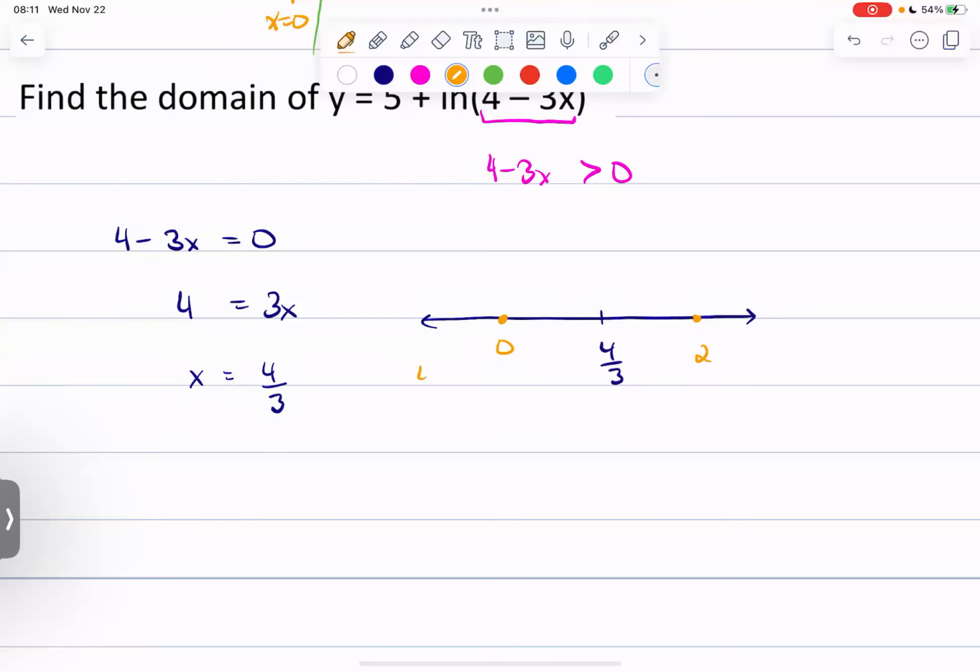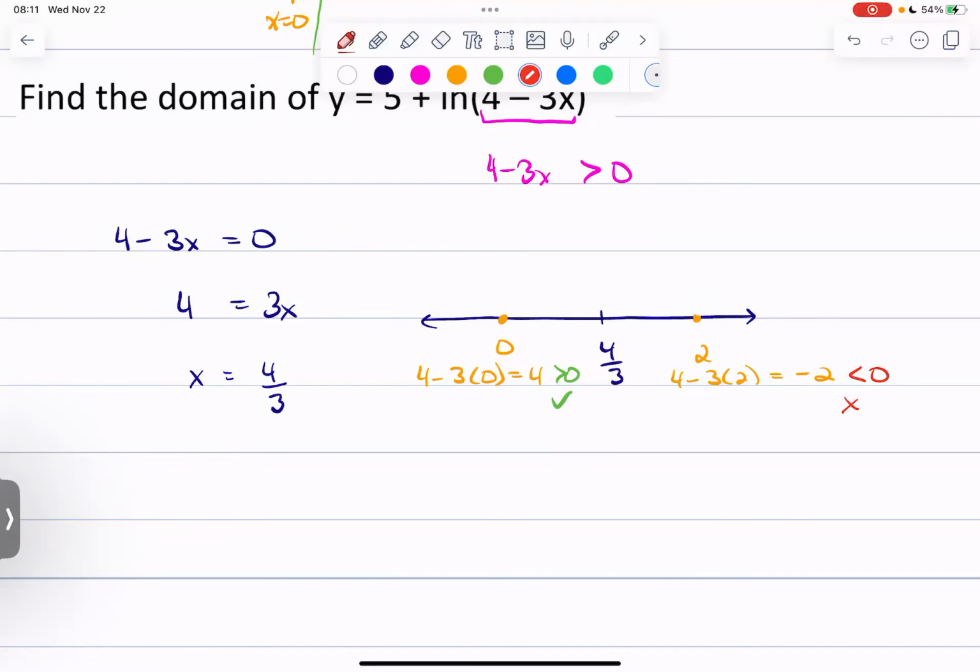So I have 4 minus 3 times 0 is 4, which is greater than 0. And if I do the same thing on this side, 4 minus 3 times 2, that's going to be 4 minus 6, which is -2, which is less than 0. So that's bad.